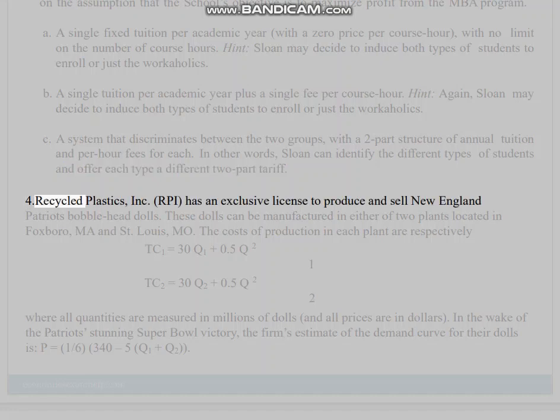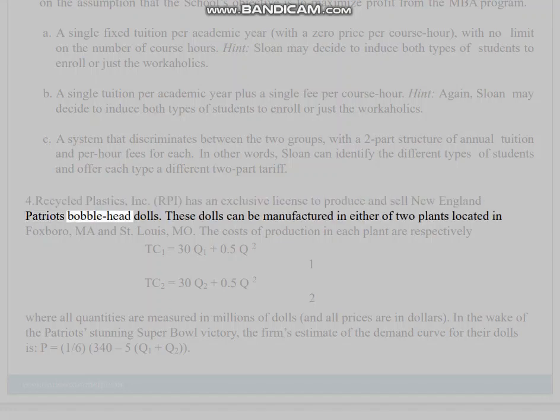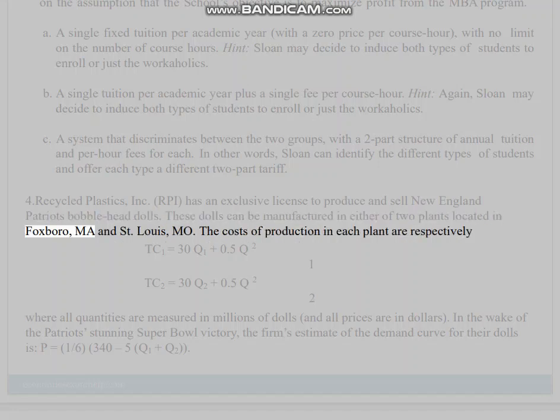4. Recycled Plastics Incorporated, RPI, has an exclusive license to produce and sell New England Patriots bobblehead dolls. These dolls can be manufactured in either of two plants located in Foxborough, Massachusetts and St. Louis, Missouri.